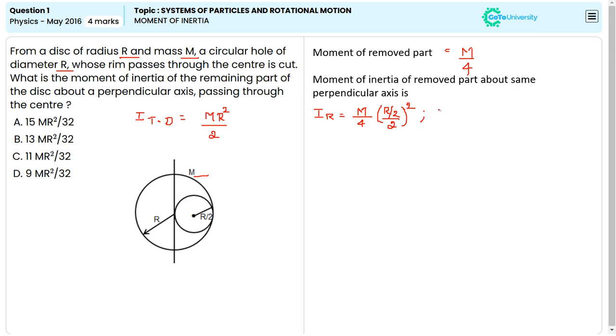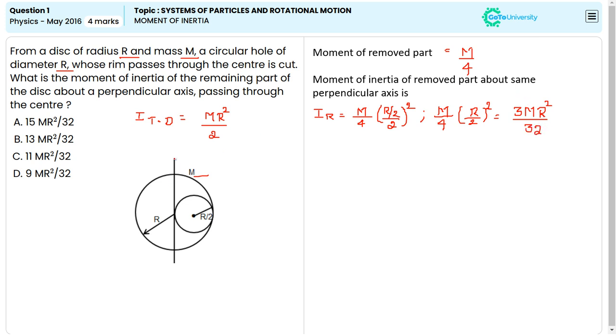We can write this as M by 4 times R. This denominator 2 will come here, then this becomes 4. I can write this as R by 2 whole squared. Then this becomes 3MR squared divided by 32.